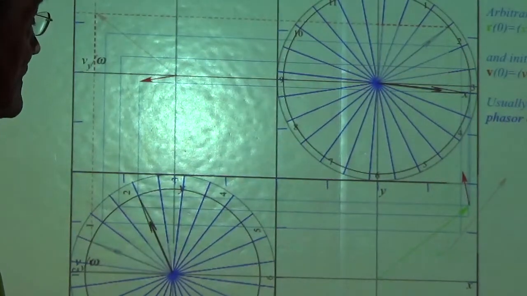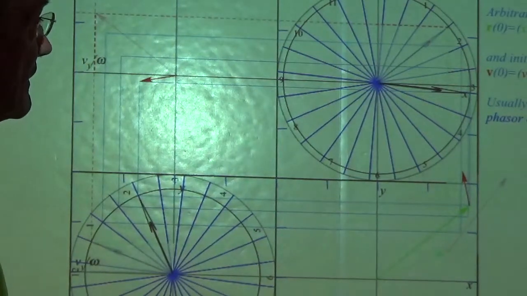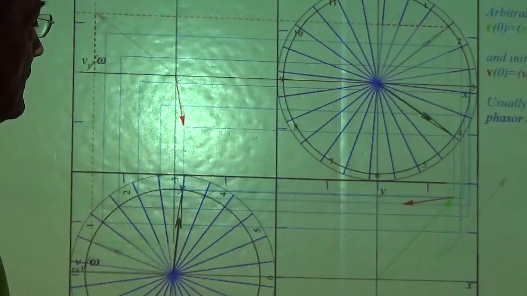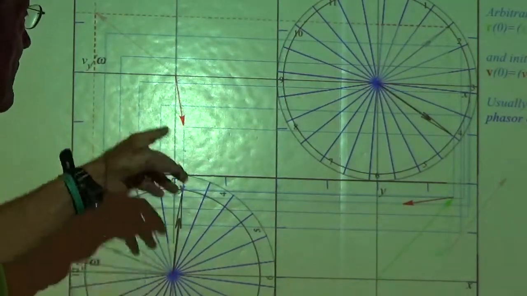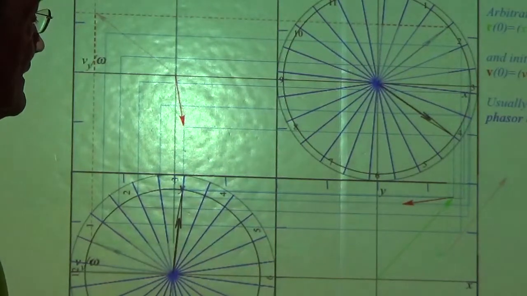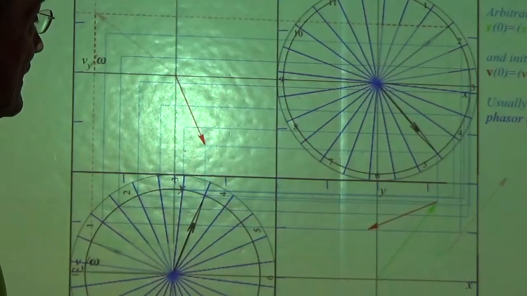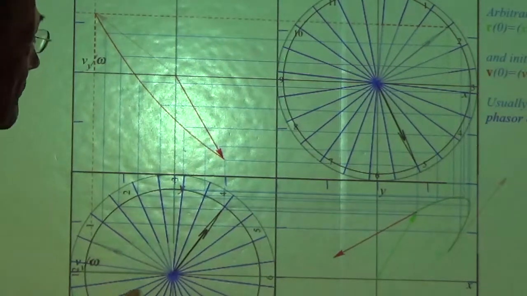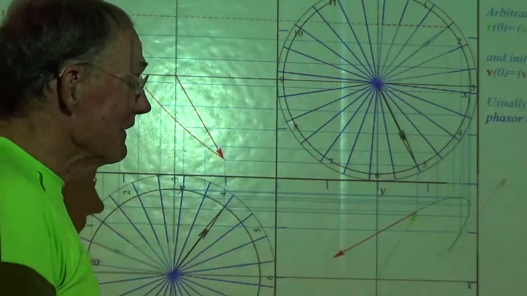Next tick. Next tick. Next tick. Let's make some pretty big jumps right here. Next tick. And that's all I've done on this particular one.